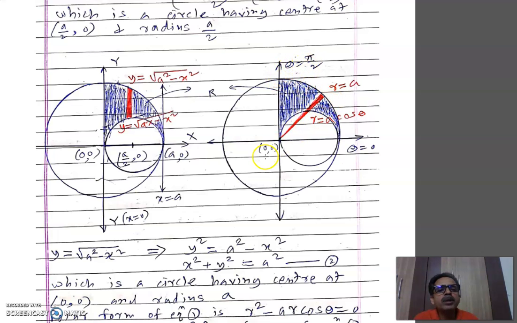That's why the limits of theta are 0 to pi by 2. That means we start rotating the radius strip from theta equal to 0 and stop this rotation at the line theta equal to pi by 2.